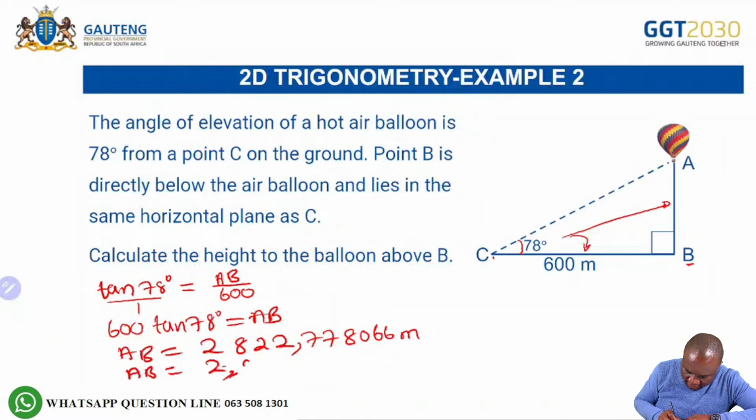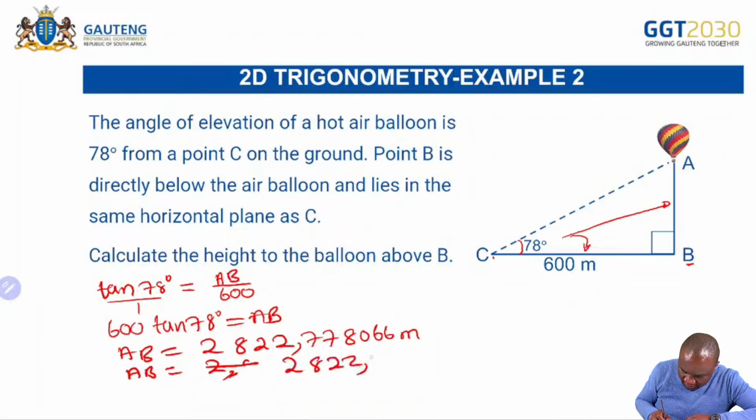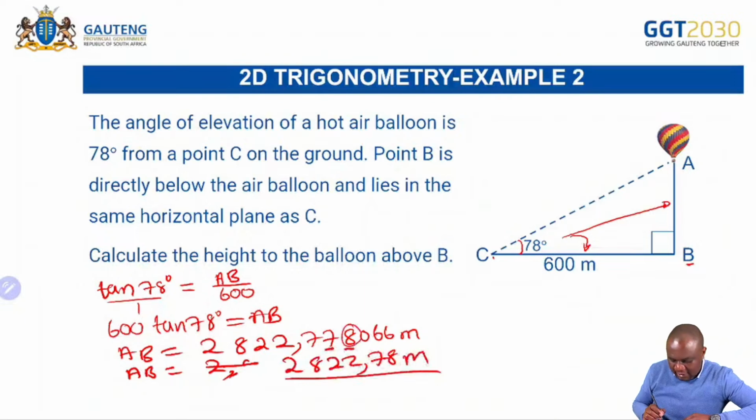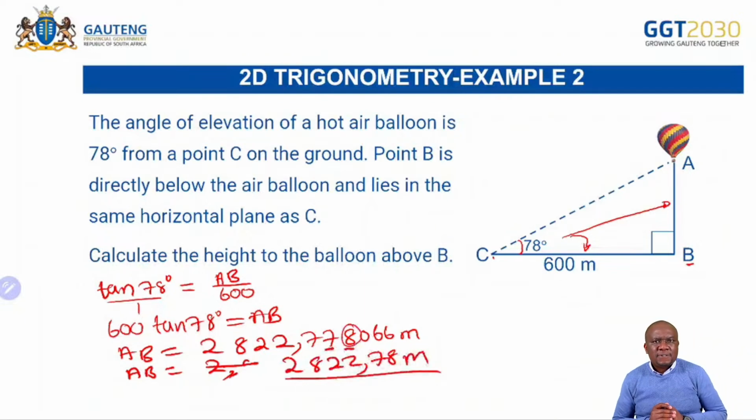The answer in 2 decimal places is 2,822.78 meters.